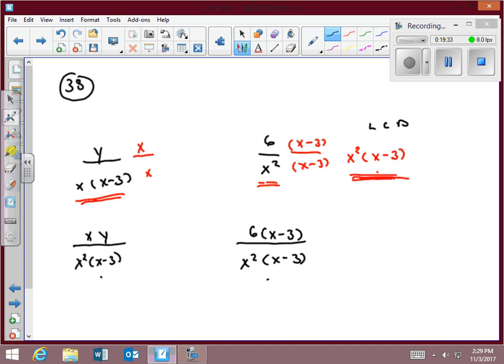Now, when you start dealing with the problem, you might want to distribute this out in the numerator and write it as 6x minus 18. My suggestion is don't distribute this out until you get completely done with the problem.